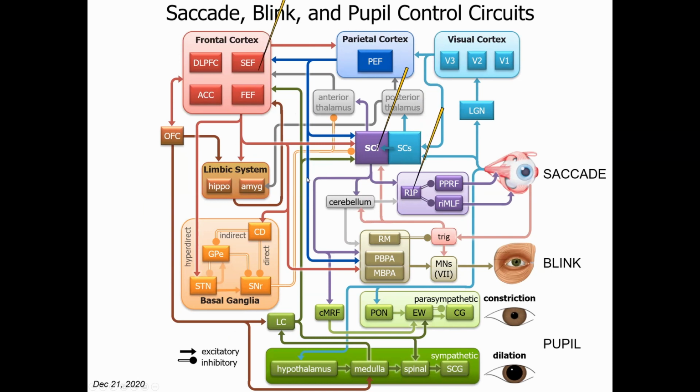But there's a number of other places in this circuit where we've recorded in different experiments in awake monkeys doing various eye tracking experiments. So we've been across a large part of the neuraxis here and have a good understanding of it. Now, this circuit wasn't just built up by our lab. This is the entire ocular motor field contributed to this, but we've played an active role in building that knowledge as well.